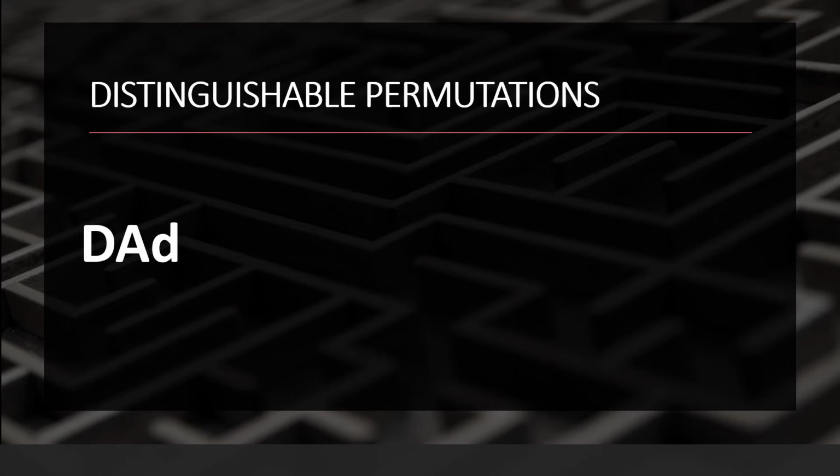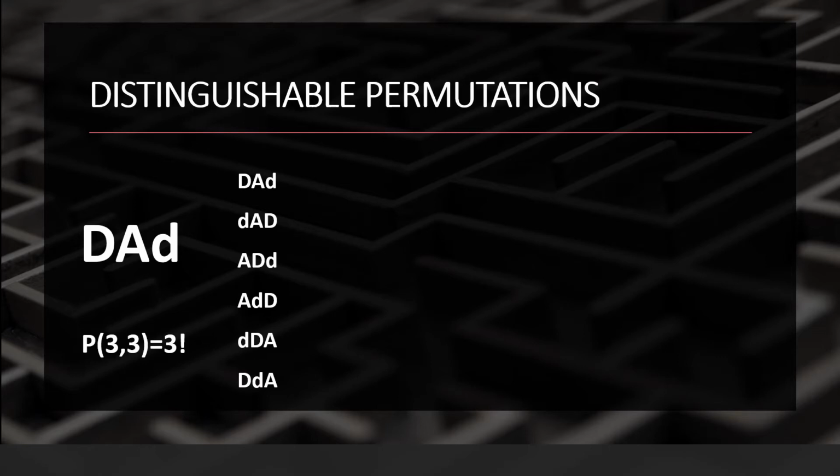From our previous lesson, we know that permutation of 3 taken at 3 is equal to 3 factorial. If we list down all the possible ways of arrangement, we have 6 possible arrangements. But what if we write DAD as capital D, capital A, and capital D?